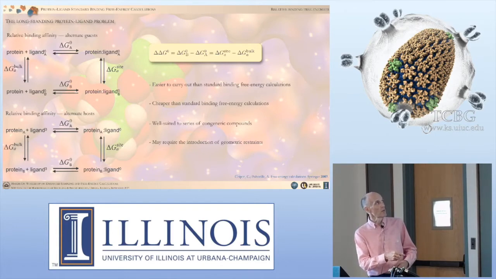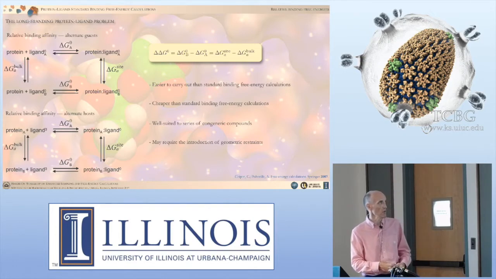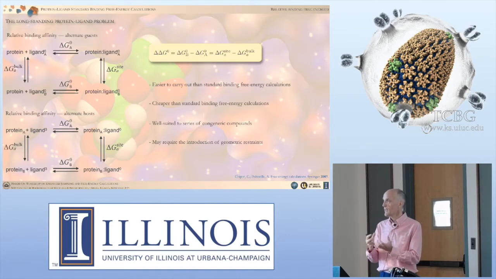And so the difference in standard binding free energy is equal to the difference of the alchemical transformations. So in principle, it's easier to carry out, especially when you're dealing with congeneric series of compounds, which are of interest to the pharmaceutical industry. So you usually have one scaffold and then different ornaments. So the idea here, the difference between ligand A and ligand B, is sort of to change the ornament.